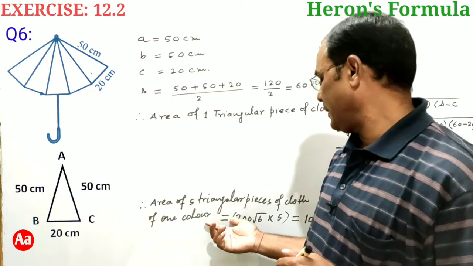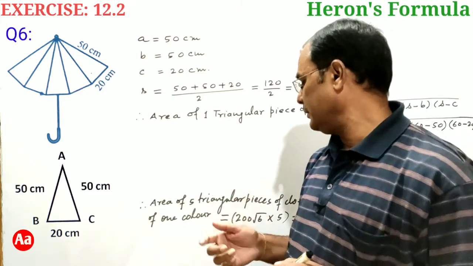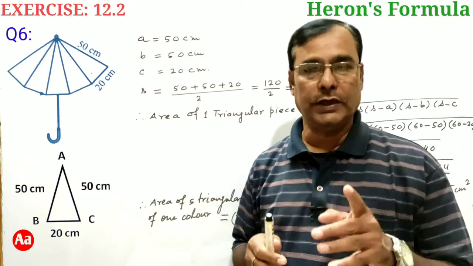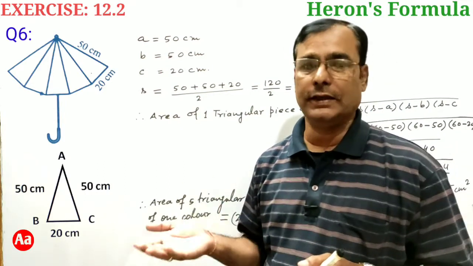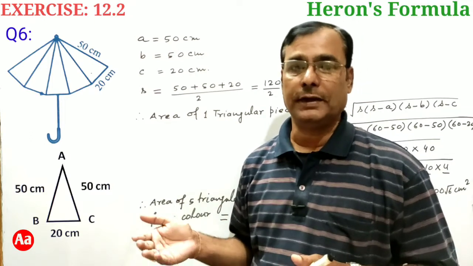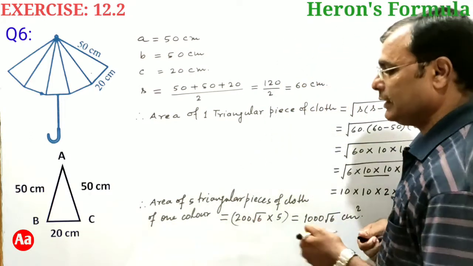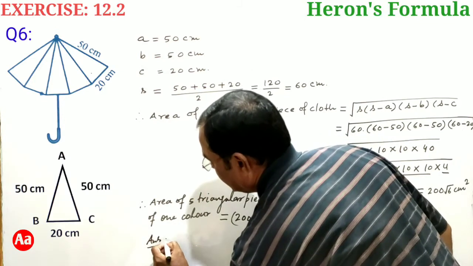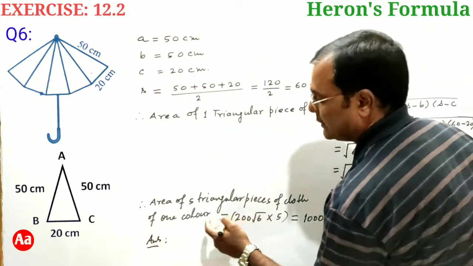So there will be 5 triangular pieces of cloth in one color and 5 pieces of cloth of another color. If you write the answer, there will be 2 answers, as there are 2 colors.